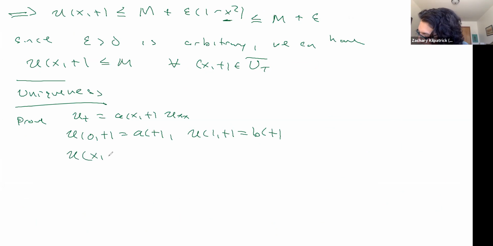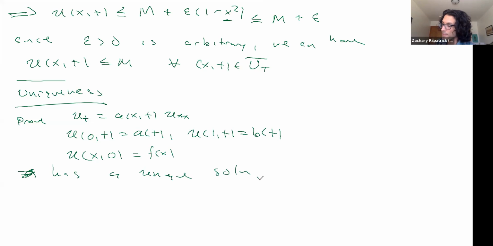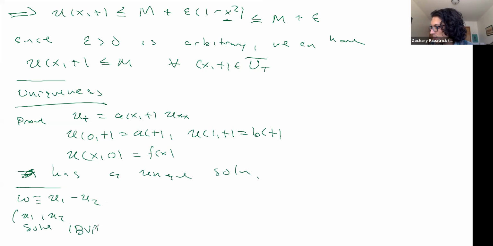And then if I have some initial condition, and I say prove this has a unique solution, then you can do it a few ways. But if you jump to this construction saying that u1 and u2 solve the IBVP, then essentially w solves this.